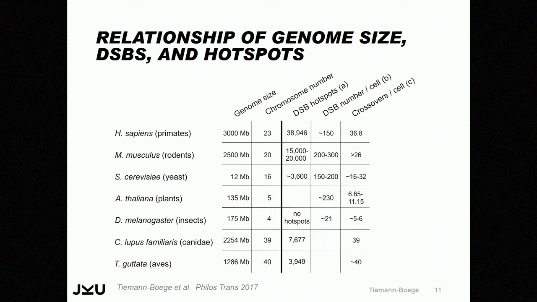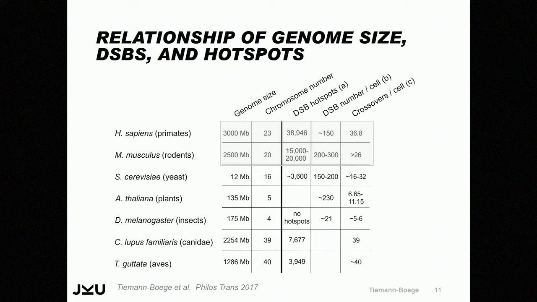Now, interestingly, I showed you this one chromosome map with thousands of hotspots. This doesn't mean that each cell gets as many double-strand breaks. In fact, the double-strand break number per cell is really constrained. So each cell doesn't get more than about 200 breaks, and of those, only 10% result in a crossover. All the rest of those breaks are repaired as non-crossovers.